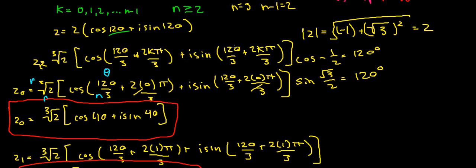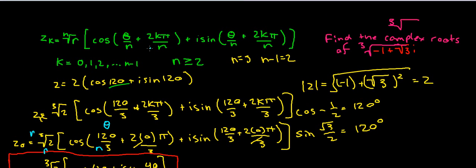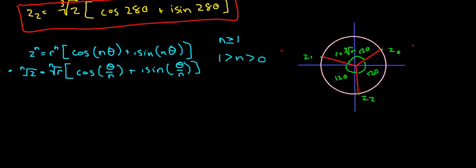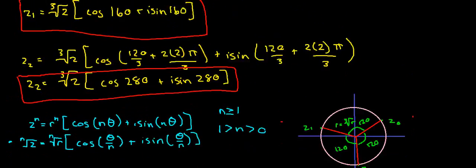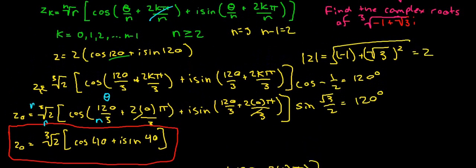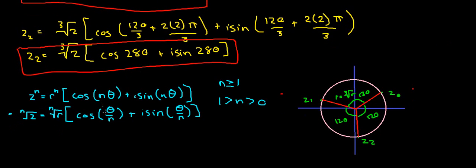So if I were to ignore this part, I would already have basically my formula right here. Now, like I said, if I use this formula, it will only give me one of the roots. It would only give me this one right here. I would take 120 degrees and divide it by 3, and it will give me cosine of 40.